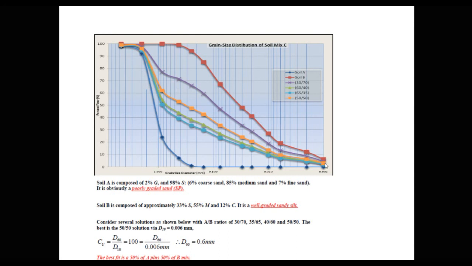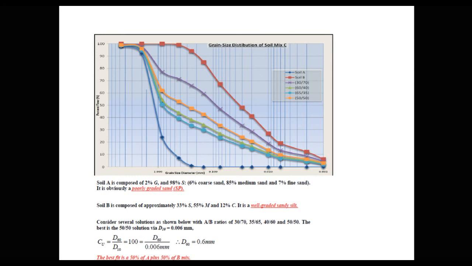And that is what we are trying to accomplish. And if you look at the uniformity coefficient of that, it's close to 100. So the best combination is using 50% of A and 50% of B. That may not be true for all soil types, but for the given soil types, this was the best fit.